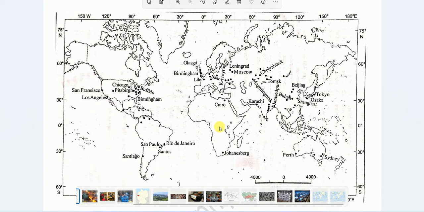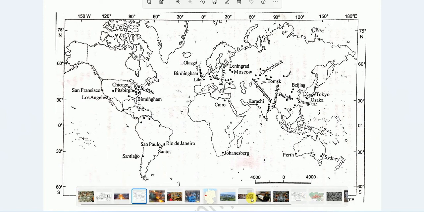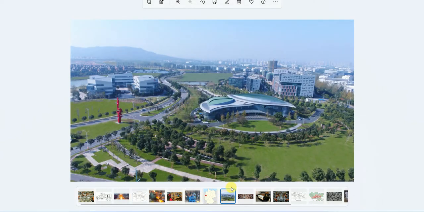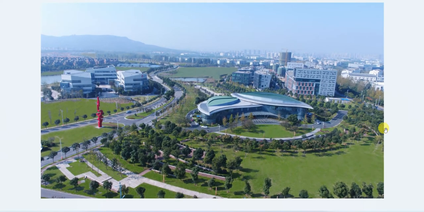This map shows the distribution of high-tech industries. And this is a photograph showing a high-tech industrial development zone.